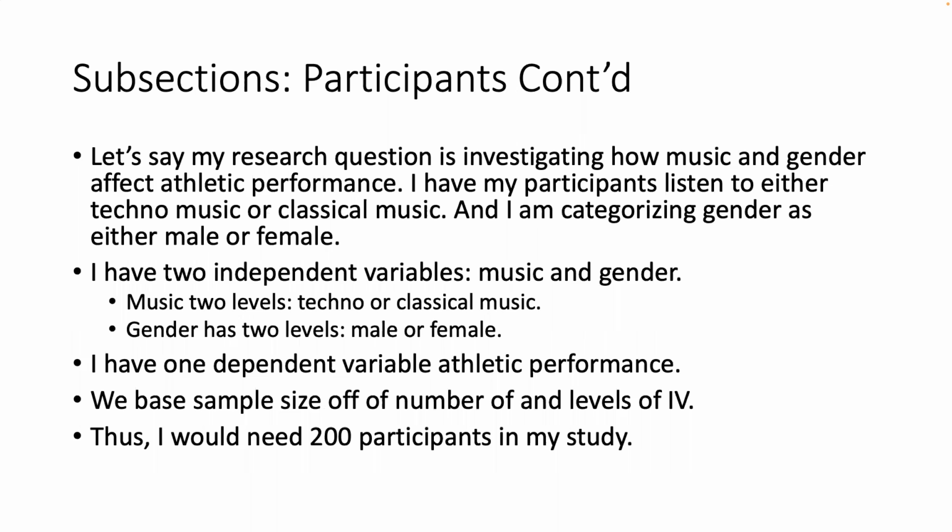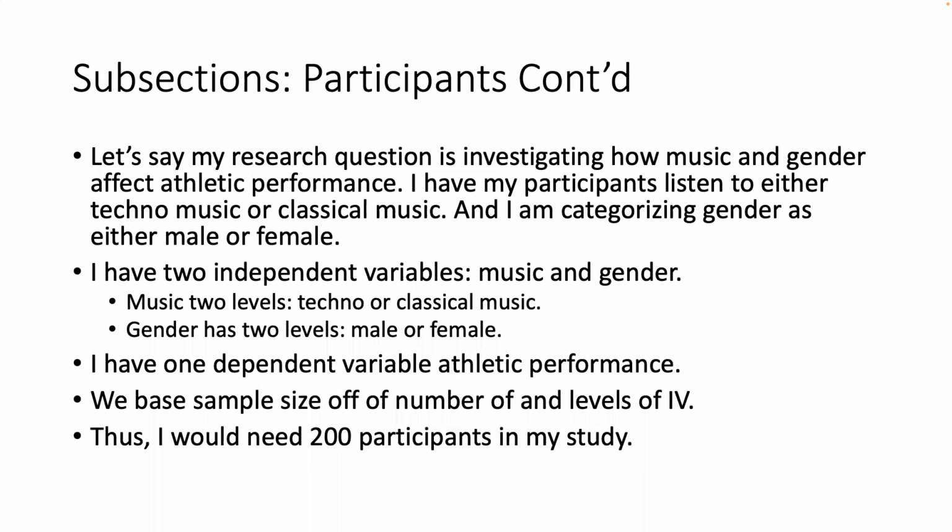But let's say that I'm not only interested in investigating how music affects athletic performance, but I'm also interested in how gender affects athletic performance. So in this study, I'm categorizing gender as either male or female, although I know it exists on a continuum. So in this study, I have two independent variables with two levels each. So music has two levels, techno or classical music, and gender has two levels, male or female. I still have one dependent variable, that is athletic performance, and we base our sample size off of the number of levels of the independent variable, as stated earlier.